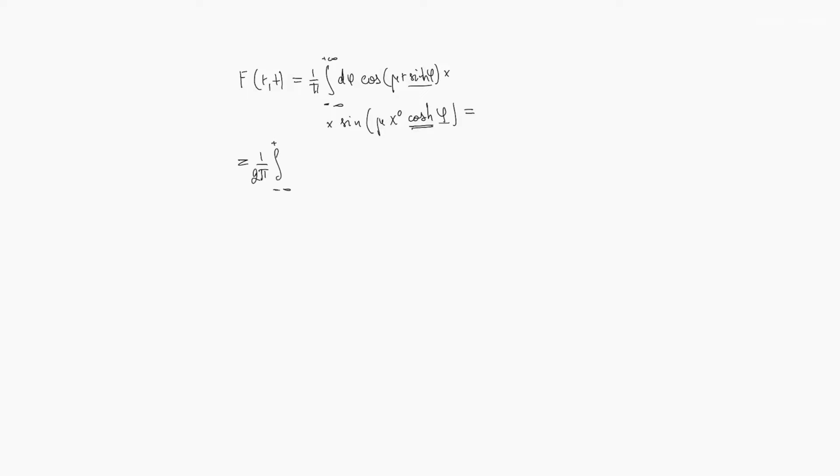And then this is sine of mu r sinh phi plus mu x0 cosh phi, minus sine of mu r sinh phi minus mu x0 cosh phi. And then the bracket is closed. Okay. So the product of sine by cosine, I write as a difference of two sines.